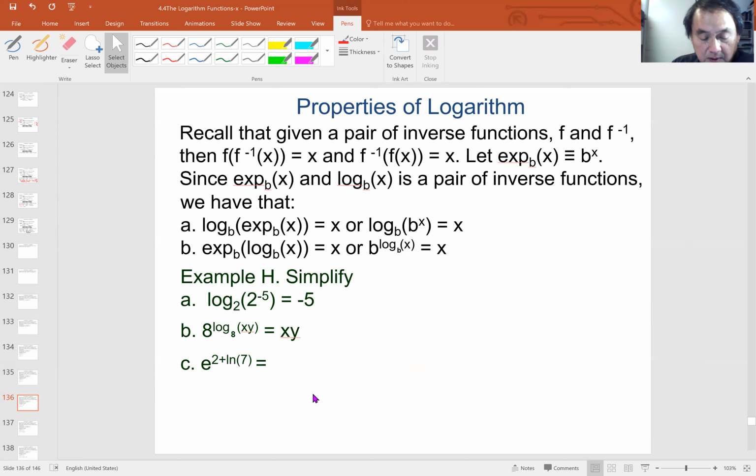It's a round trip. This one we use the addition rule: exponents added is actually multiplications. And e to the log 7 is 7.